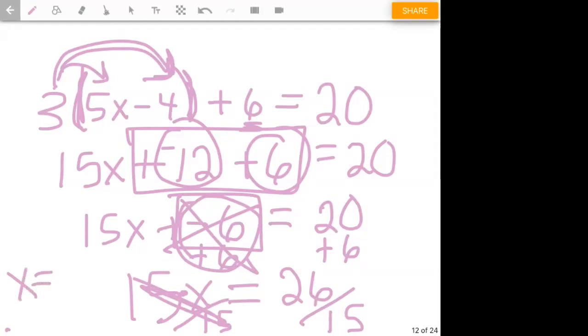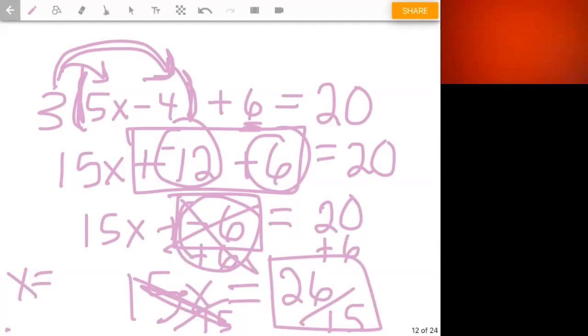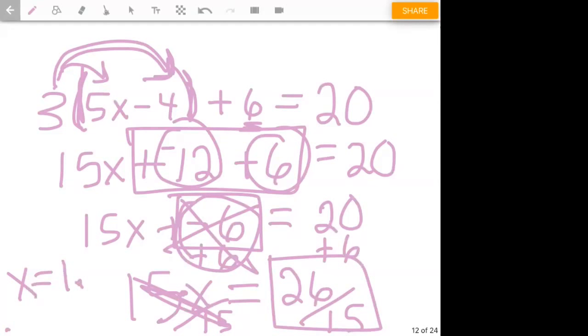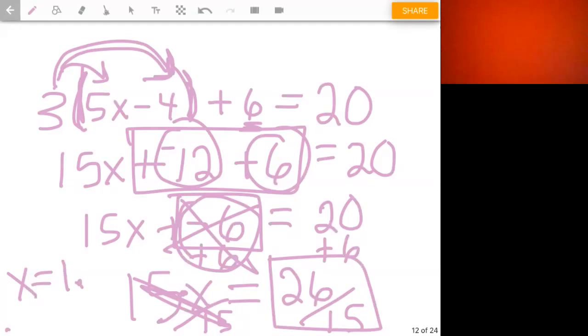And then we have to do 26 divided by 15. Well, you're probably going to use a calculator to get that. Yeah, or pencil and paper. So 26 divided by 15. I know it's 1, and then 11 over 15.